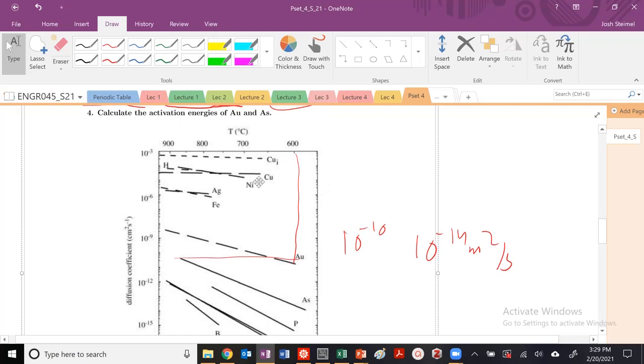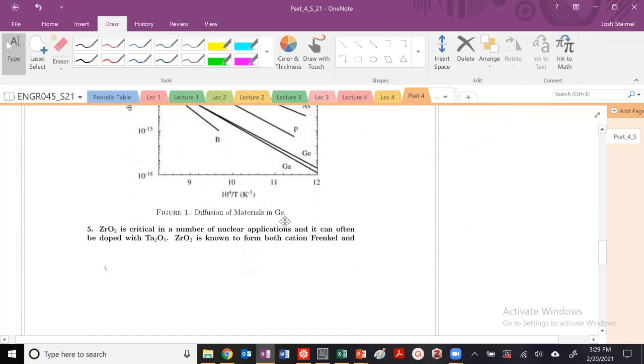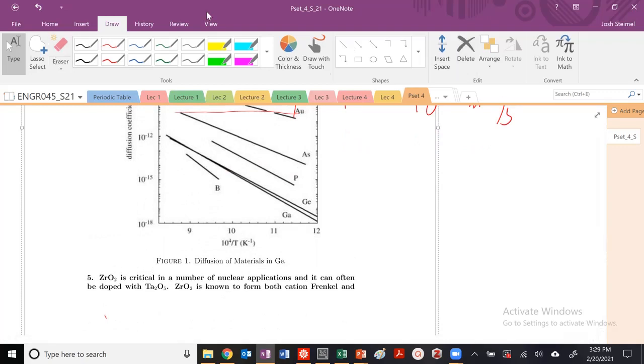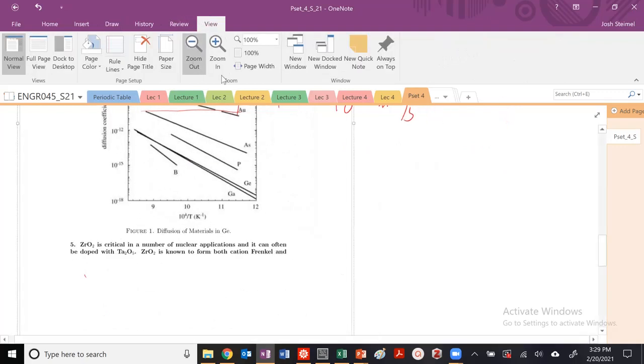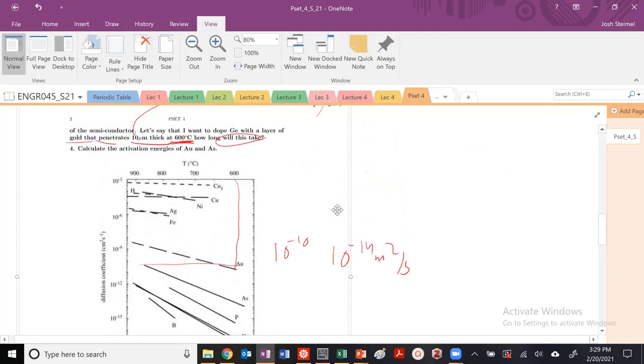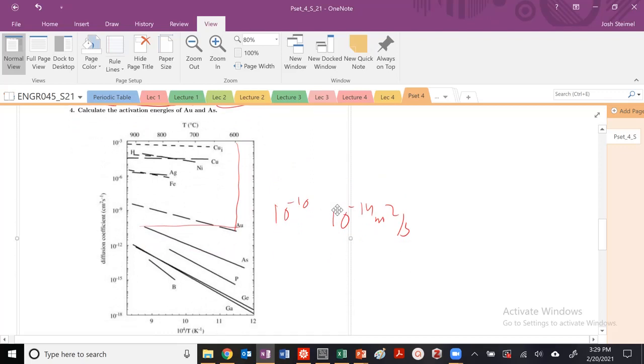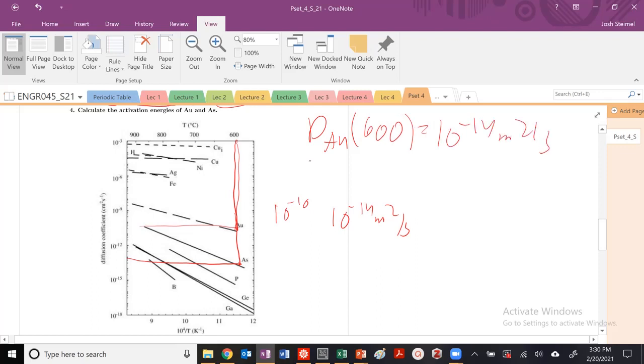Calculate the activation energies of Au and As. Ooh, this problem. Let's go ahead and zoom out a little bit. So I need Au and As. I already know the temperature here. So diffusivity of Au at 600 equals 10 to the minus 14 meters squared per second.